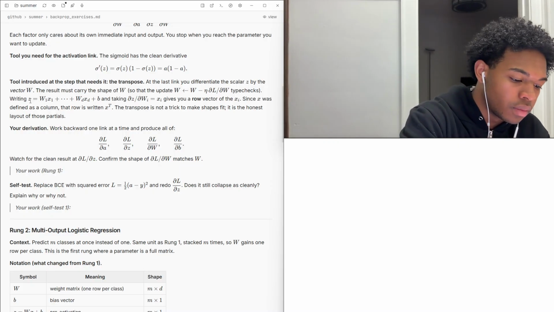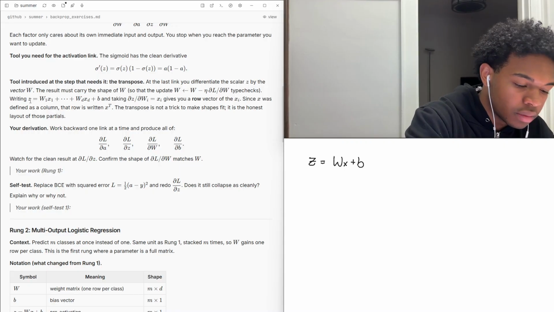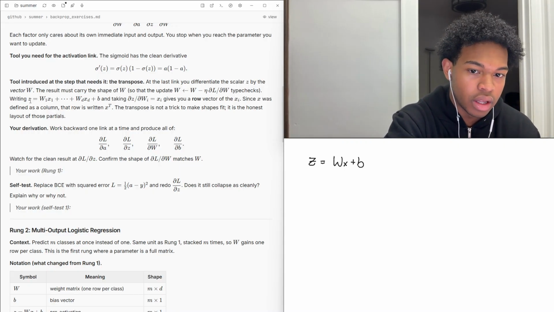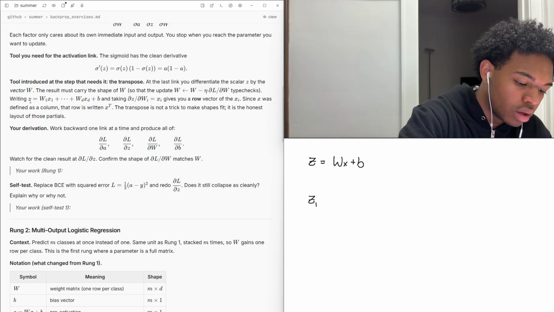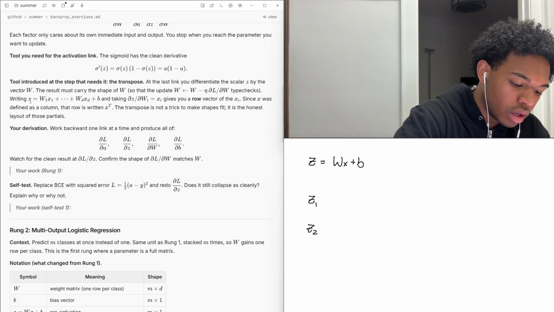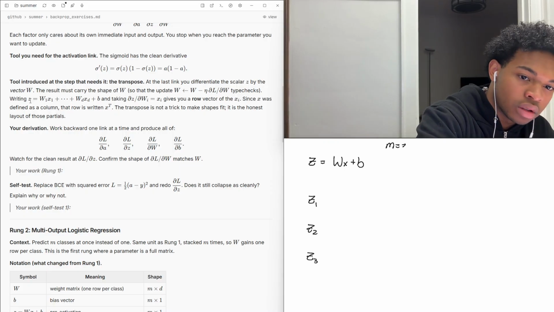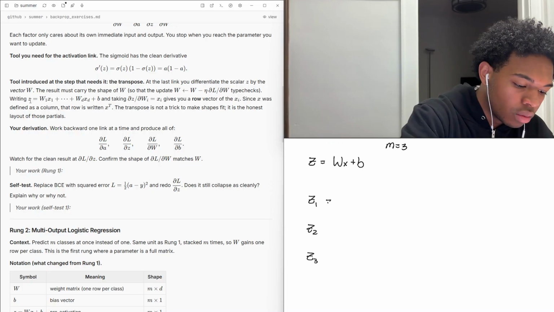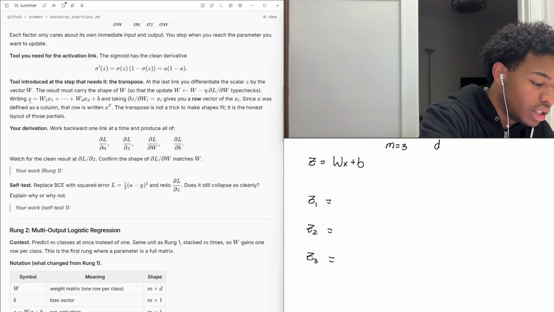So z still equals wx plus b. However, in this case, z is a vector, so we can also write z1, z2, and let's say m equals 3. This is going to be a lot to spell out, so let's also say d, which is the dimensions of x, equals 2.